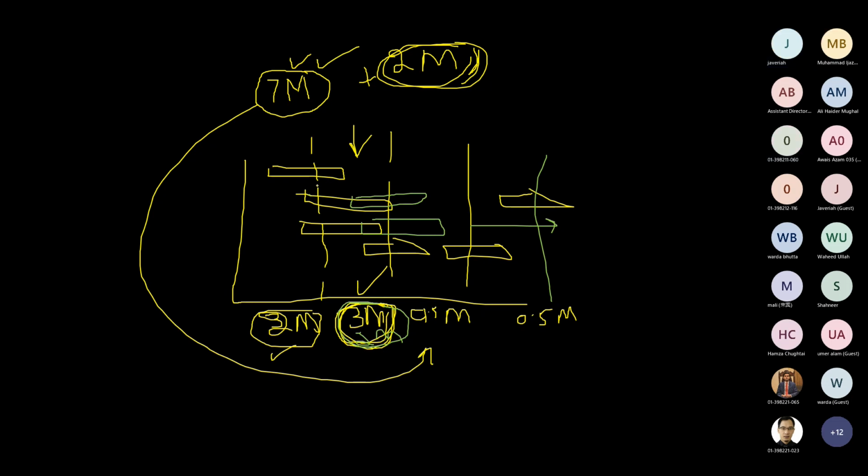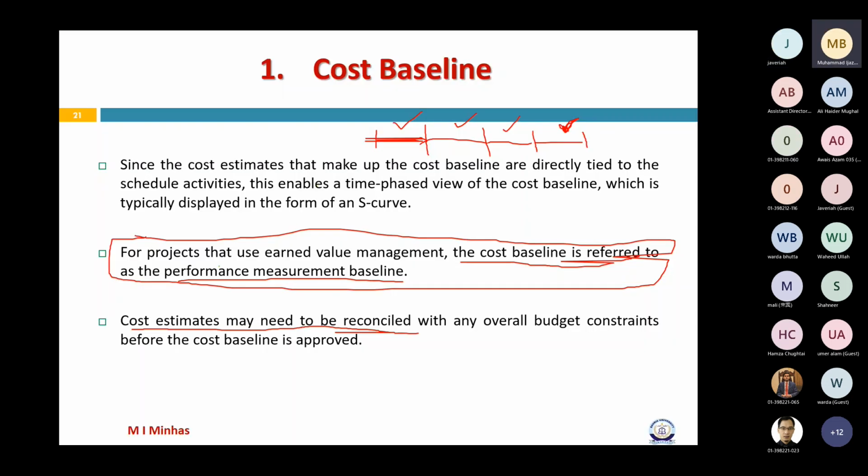Yes sir. Okay, so now read this line. Cost estimates may need to be reconciled with any overall budget constraints, or you can write one more thing, or periodic budget constraints. Sometimes we have periodic constraints as well. Like we were talking about, what if we require more than 7 million?